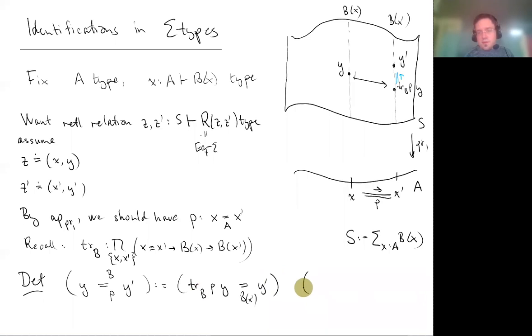Sometimes people call identifications paths. I'm trying not to; I'm calling them identifications. Paths have the benefit that it's easier to write and shorter to say, but these are identifications of y with y prime over, so identifications lying over the identification p.